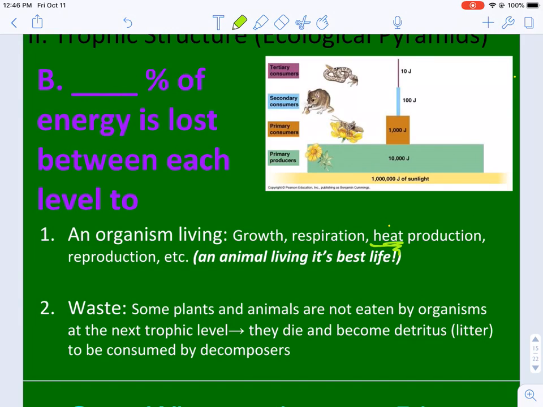So plants and animals are not eaten by organisms at the next trophic level above them. They die, become waste, consumed by decomposers. So those are the two things. Now, I might write this with a little example or a brief description. I wouldn't write that entire definition. Just think about what the main idea there is.